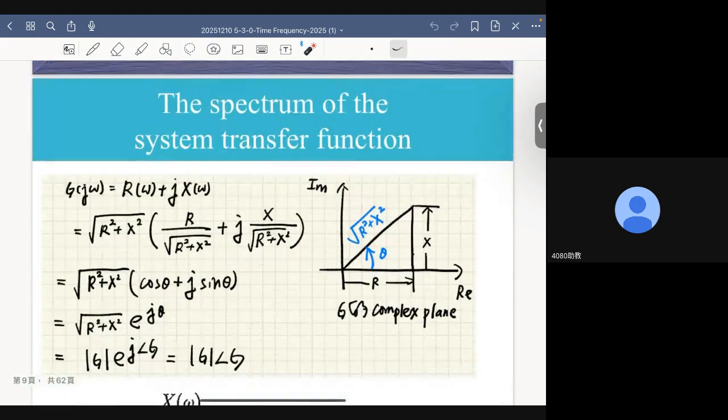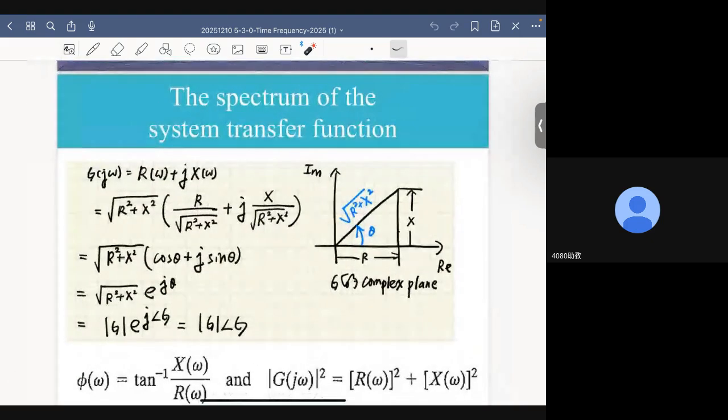Now, I think we have seen these slides many times. Here, I just want to review the fact that we can represent the transfer function in the frequency domain, okay, by dividing a transfer function into two parts.